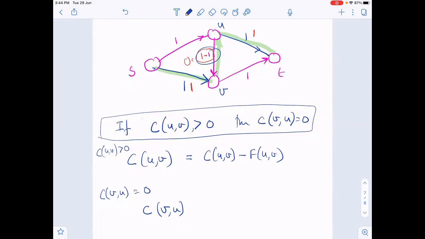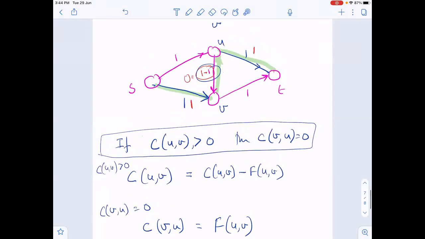So if there is no edge going from v to u, but if from u to v some unit is coming, then I should be able to push that unit back. So this should be equal to the flow on uv. Right now, for example, there is no edge from v to u.